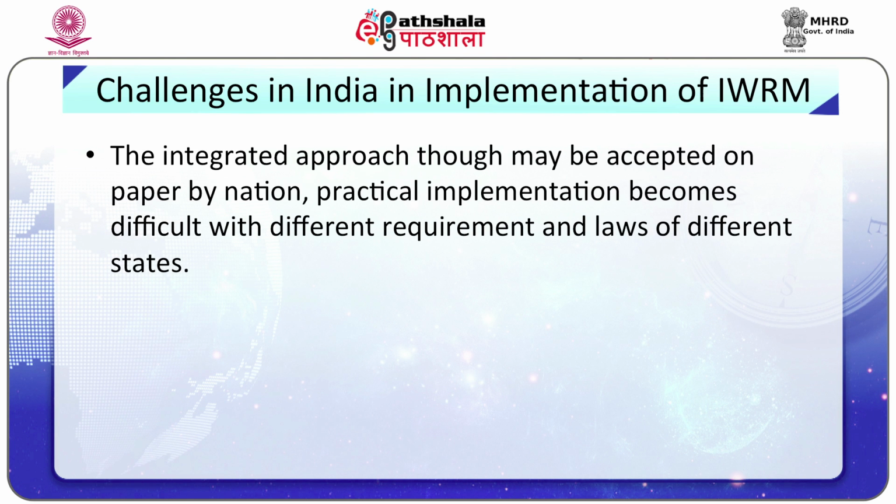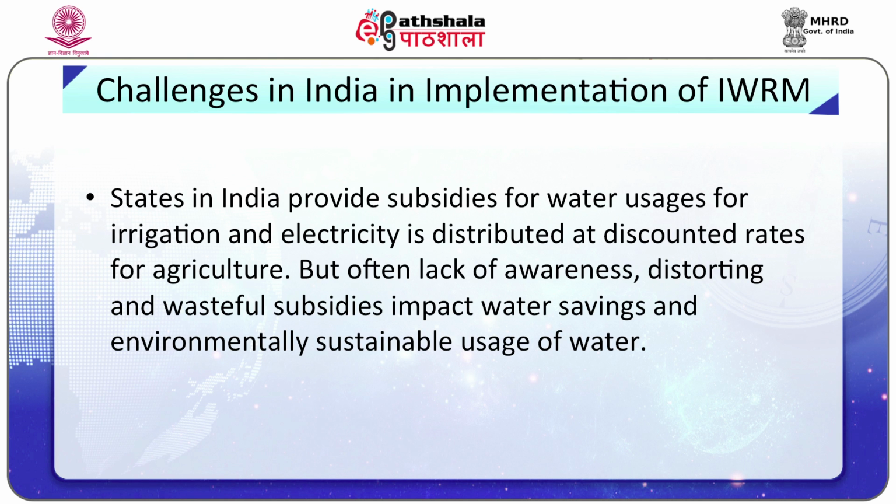The integrated approach, though it may be accepted on paper by the nation, practical implementation becomes difficult with different requirements and laws of different states. States in India provide subsidies for water usages for irrigation, and electricity is distributed at discounted rates for agriculture. But often, lack of awareness, distorting and wasteful subsidies impact water savings and environmental sustainable usage of water.